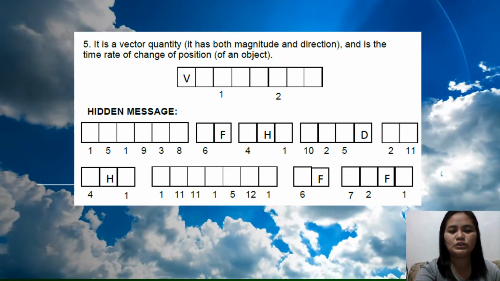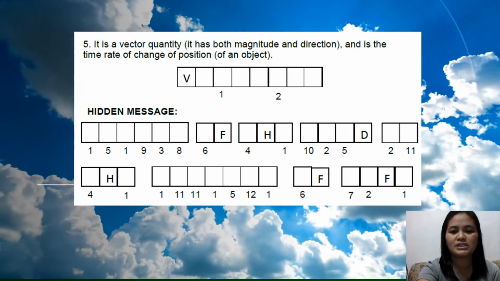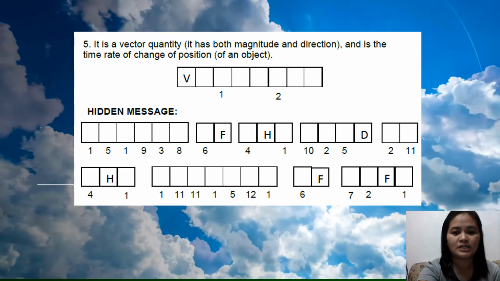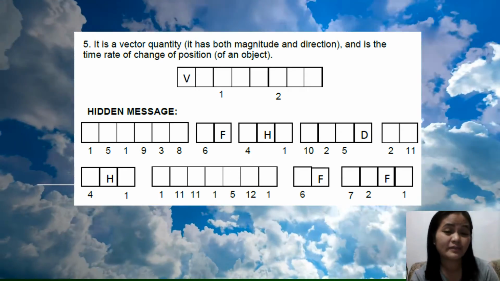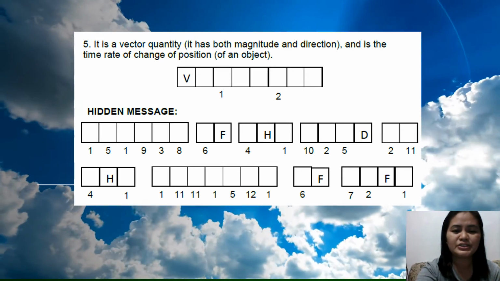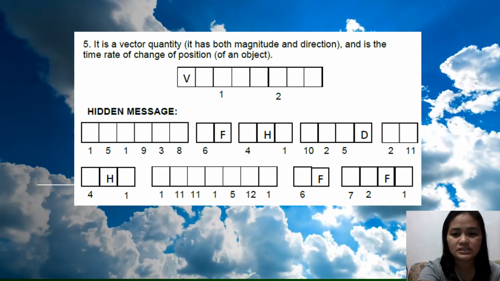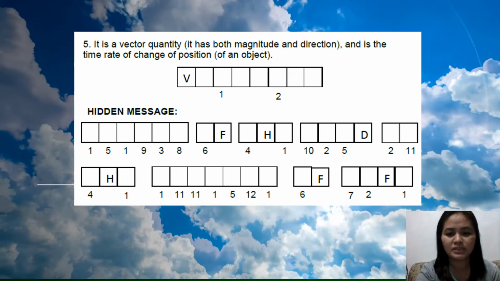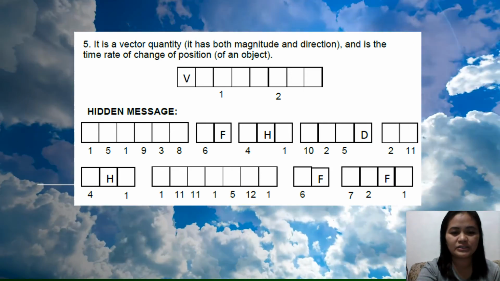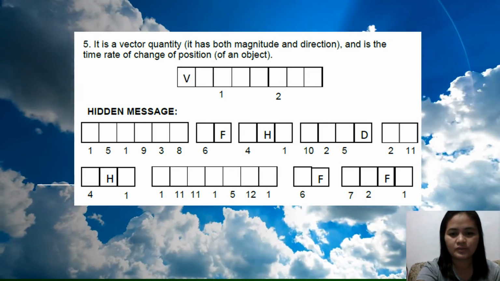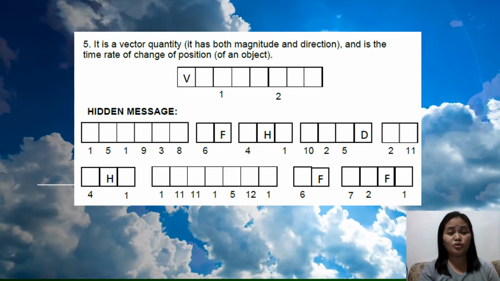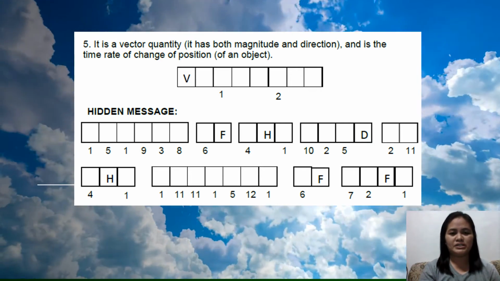And then, yung kung ano naman yung letter na tumapat dyan sa number 2, dito sa sagot mo na letter V, nasabi ko ay nagtatapos sa letter Y. Yung letter na yan, ang isulat mo rin sa lahat ng number 2 dito sa hidden message. Ilang letters ang number 2 dito? 1, 2, 3. Ganun.